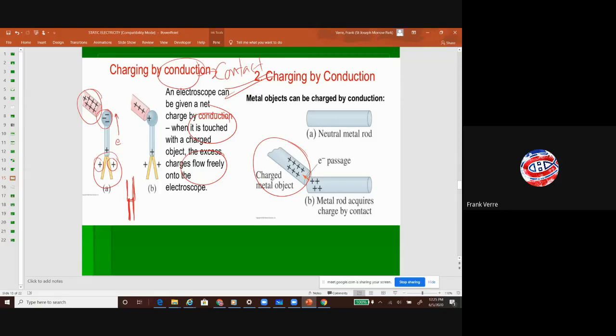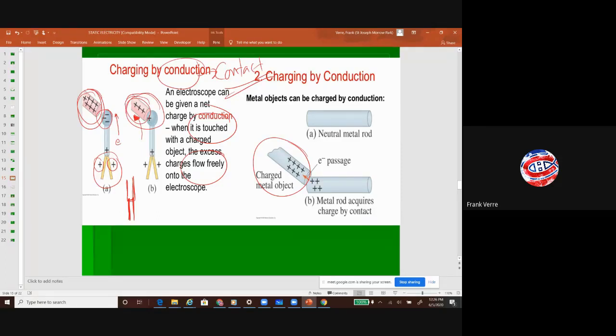You can see that because the rod is positively charged, when it makes contact with the electroscope, you'll notice that there's less positive charge now, and it's because electrons went into the rod. So this picked up some electrons from the electroscope. So this is charging by conduction, by contact. Okay. So that's a second way to charge an object.